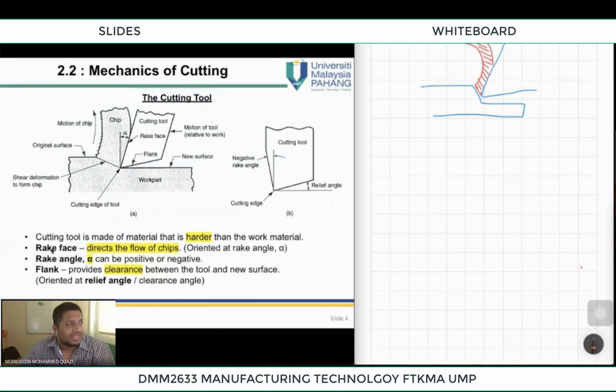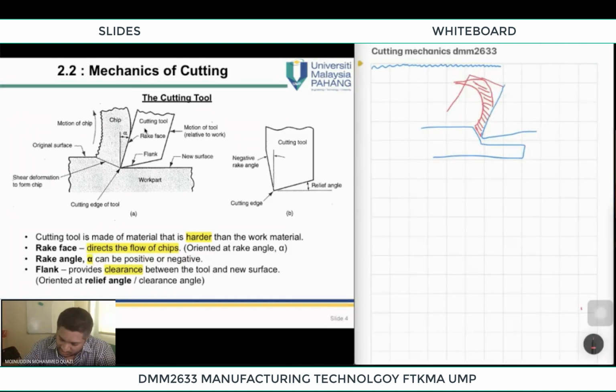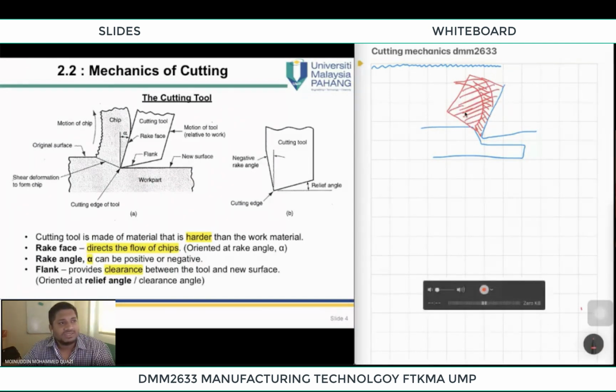That's okay. A rake face directs the flow of chips and is oriented at a rake angle alpha. Now this part is called the rake face. Okay, so if you see this in 3 dimensions, then this part of the tool is the rake face.